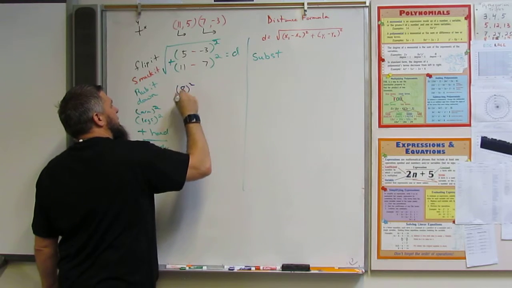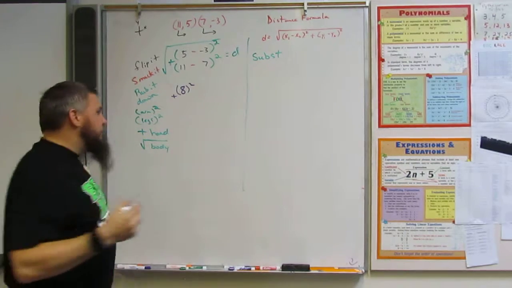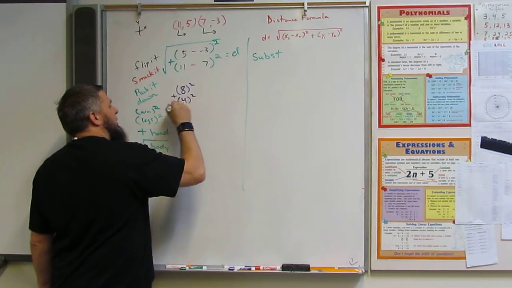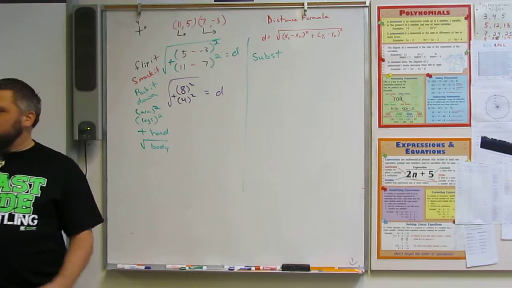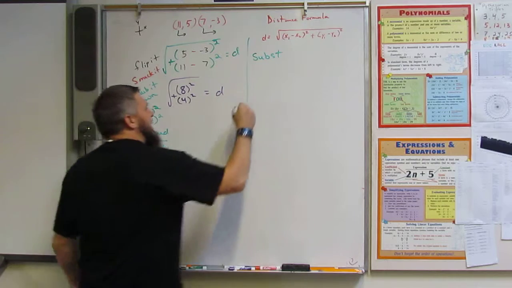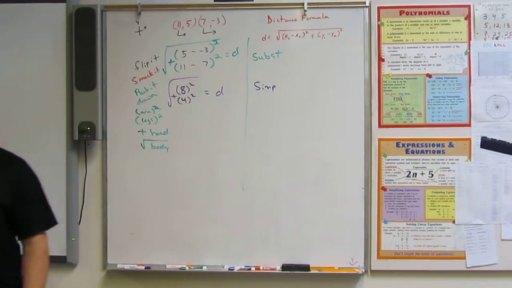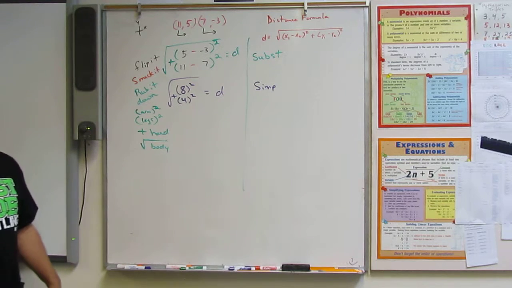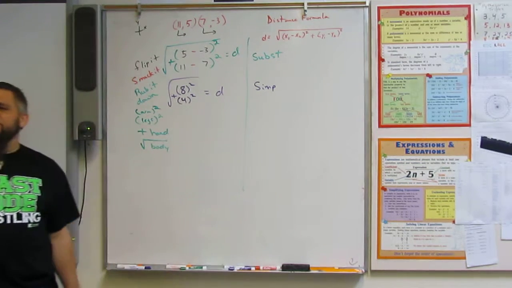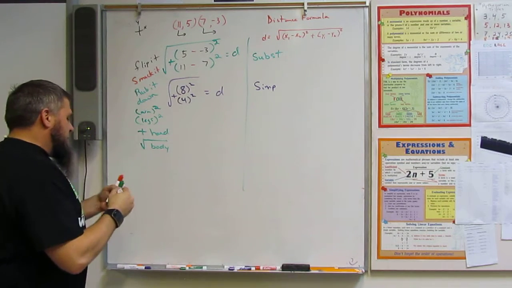And 11 minus 7? 4. And that's still the d. And what did we do there? Simplification, right? I'm not asking for a lot here. But every single problem we do, we're going to prove it. We're going to use this algebraic proof. Every one. All right, next.